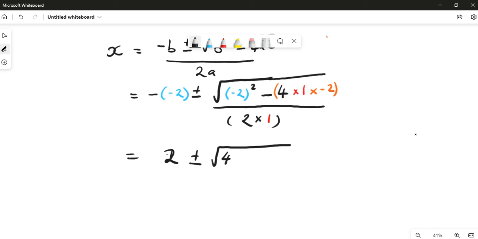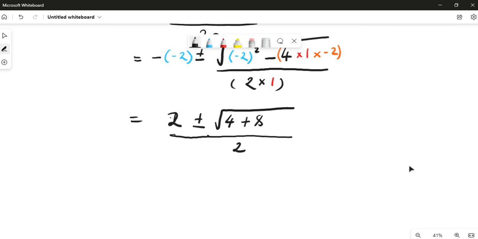In the brackets here, we get a negative 8, but since we've also got a minus sign here, minus and that negative 8 make it positive 8. Divided by 2. So 4 plus 8, that is 12. So we have 2 plus the square root of 12, over 2.